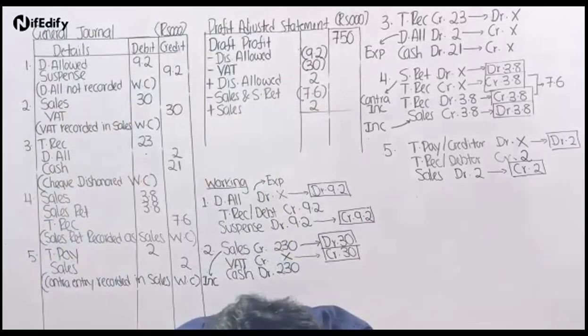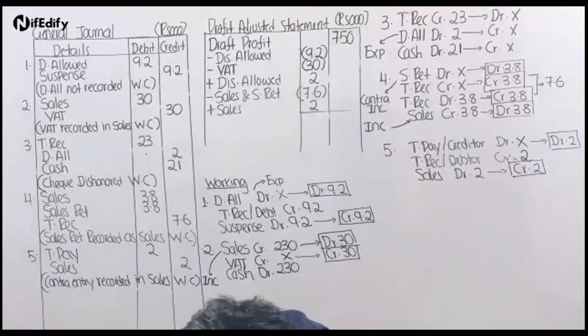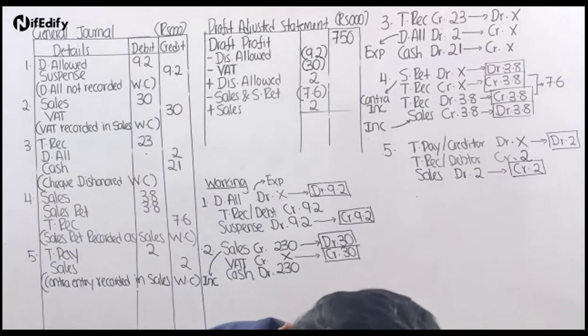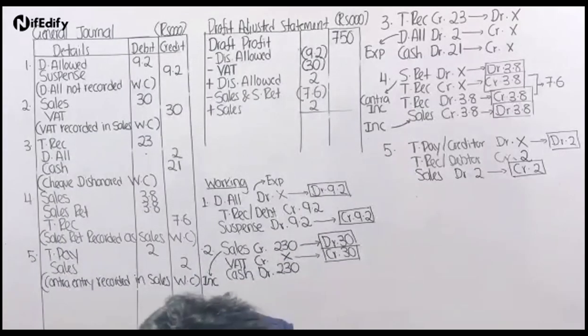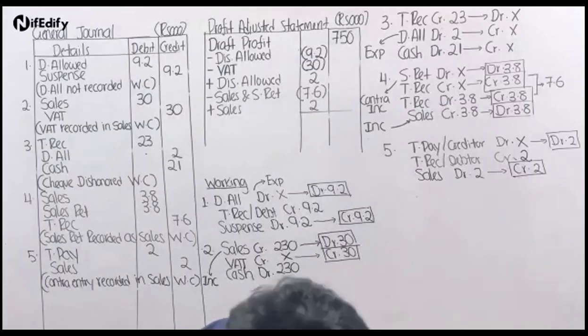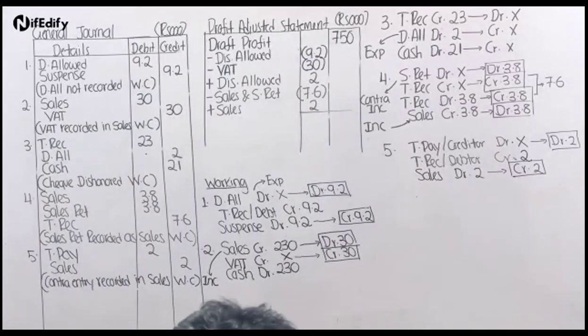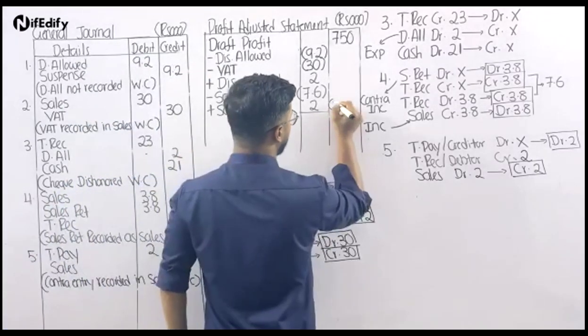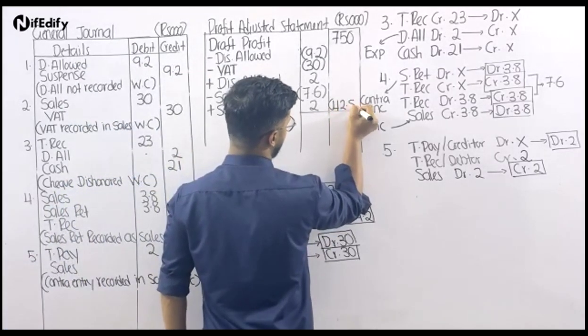Okay. How much do we get? I think I'll have to use my calculator in the laptop. Okay. We've got minus 9.2, minus another 30, plus 2, minus 7.6. That gives me minus 42.8.